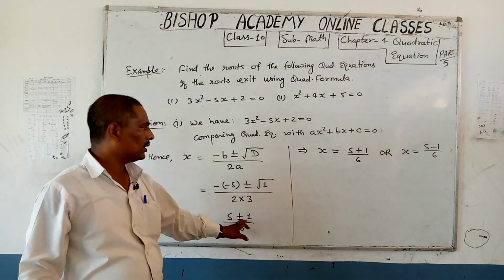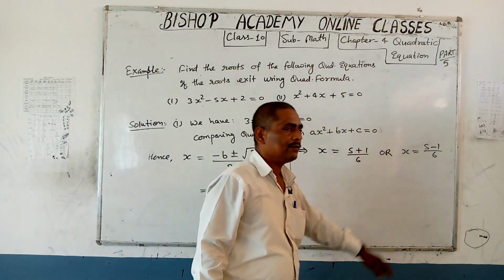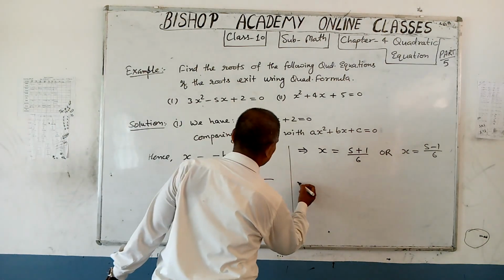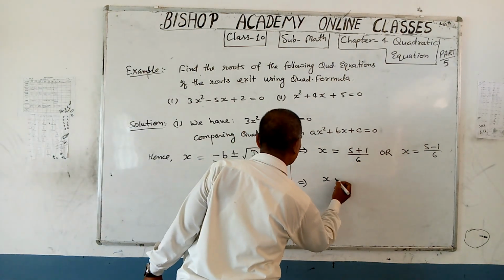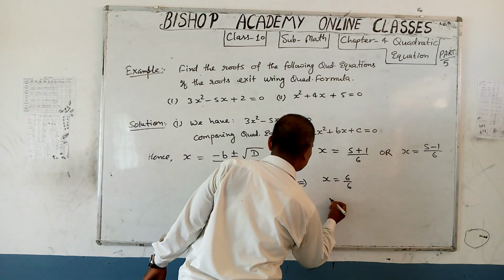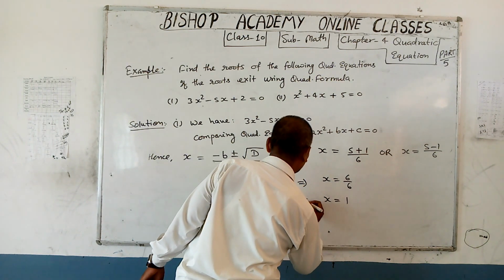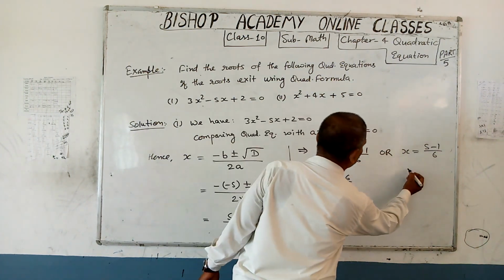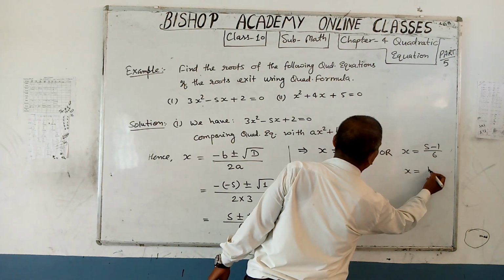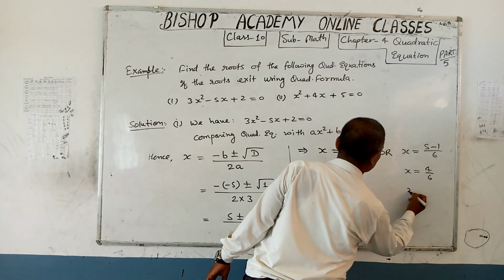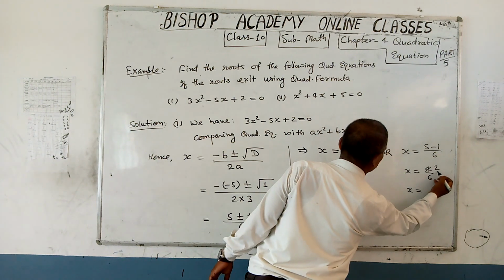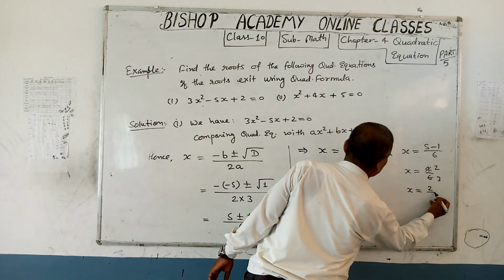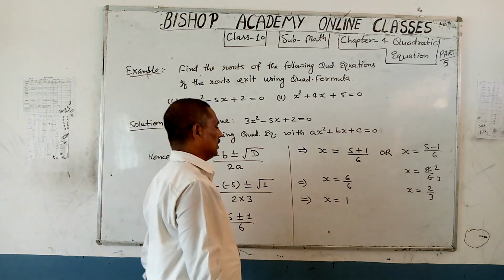In case of minus 1, x is equal to 5 minus 1 upon 6. So x is equal to 6 upon 6 means x is equal to 1 in this case, and here x is equal to 4 upon 6, which is 2 upon 3 after dividing by 2.